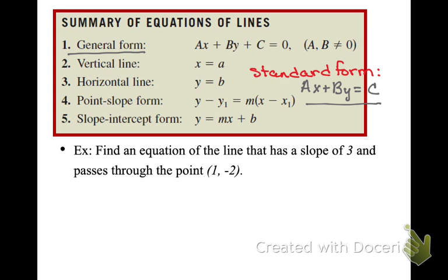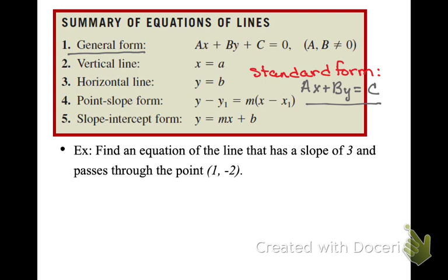Okay. So it says find an equation of a line that has a slope of 3 and passes through the point 1, -3. If they do not tell you what form they want it in, it's either going to be standard or slope-intercept. But we are actually going to use point slope, and we're going to put it in general, standard, slope-intercept.